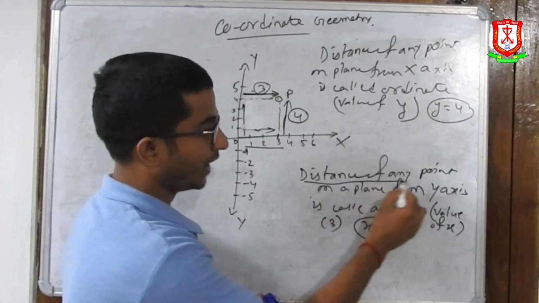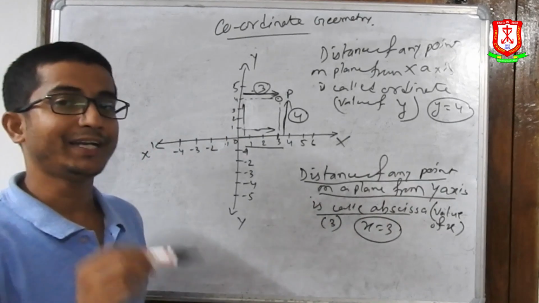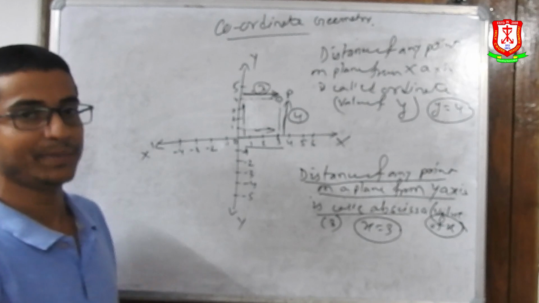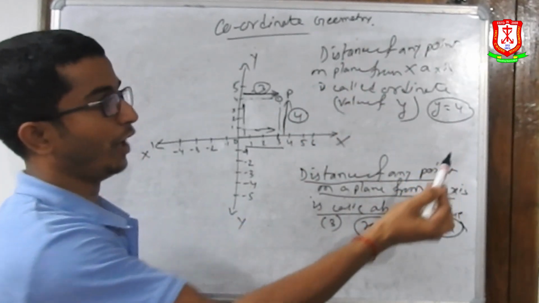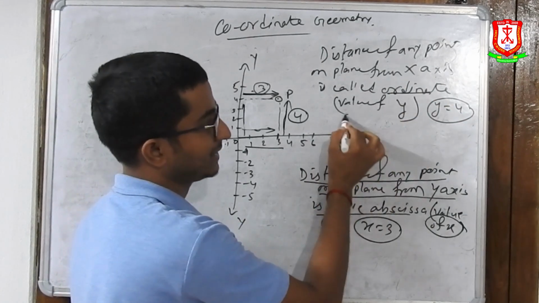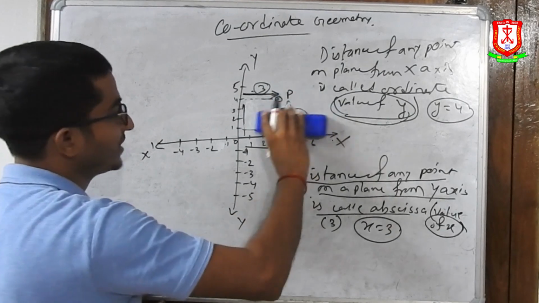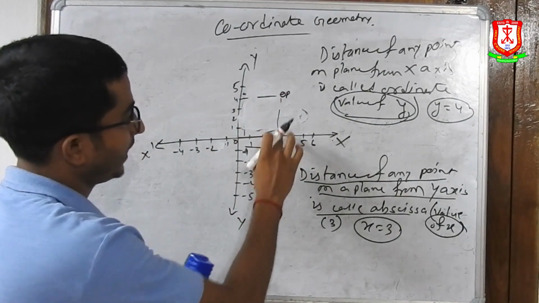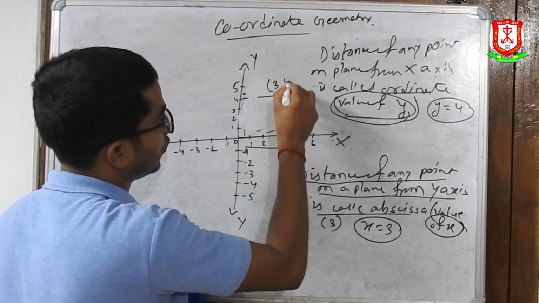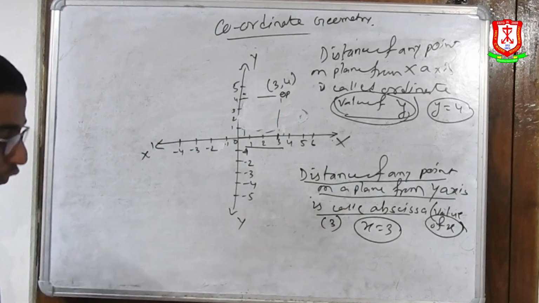The distance of any point on a plane from the x-axis is called the ordinate, or it is the value of y. The value of y here is 4. This is the ordinate. The abscissa is the value of x, and the ordinate is the value of y. For point P, the value of x is 3 and the value of y is 4.